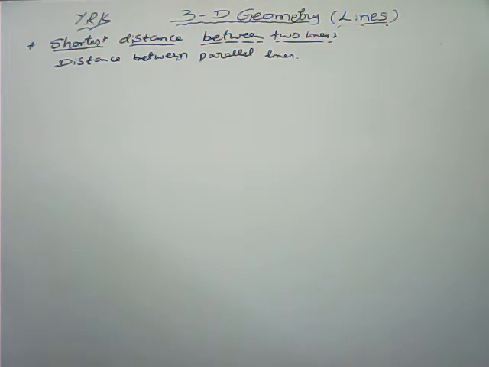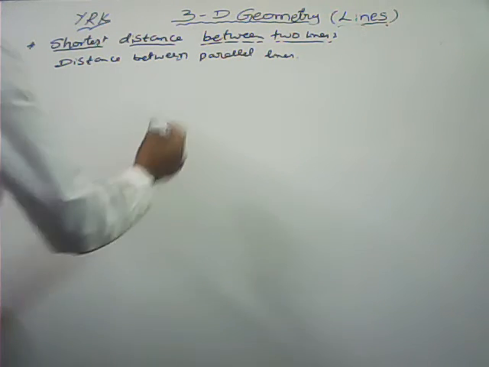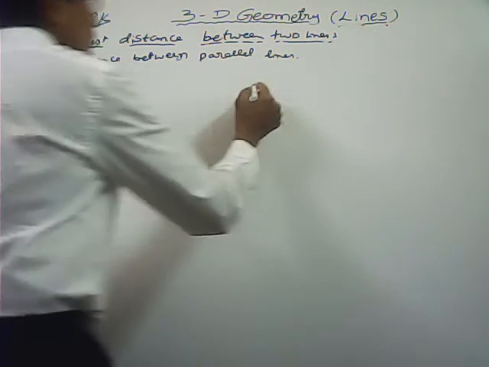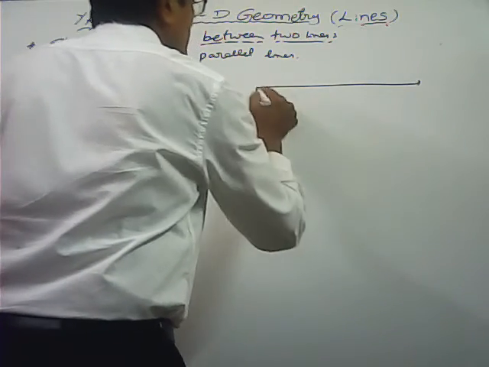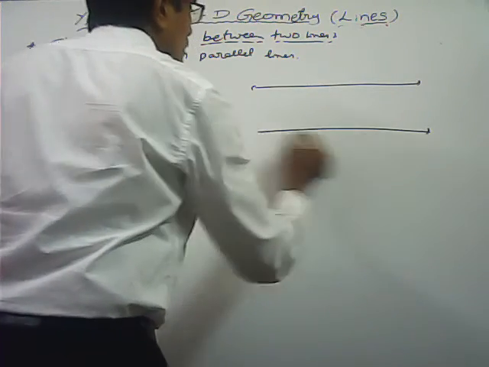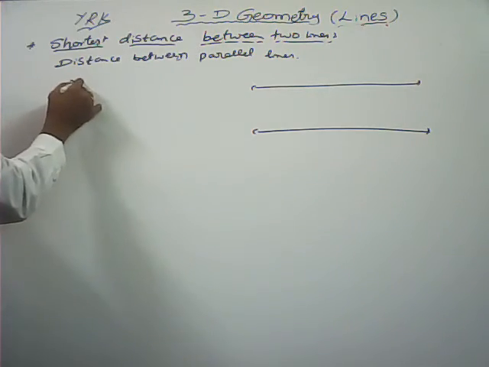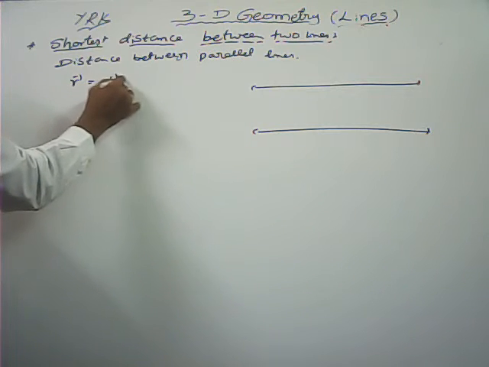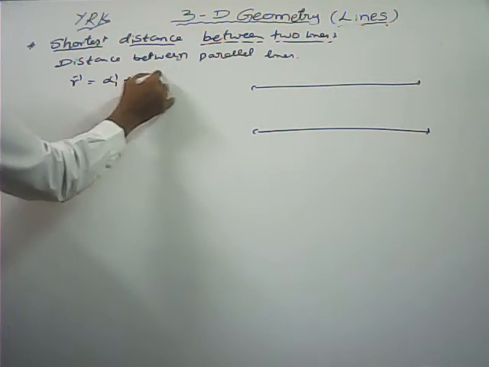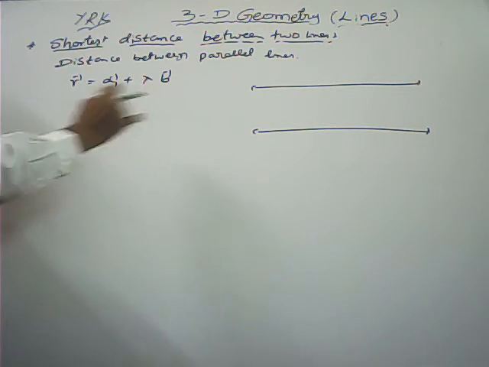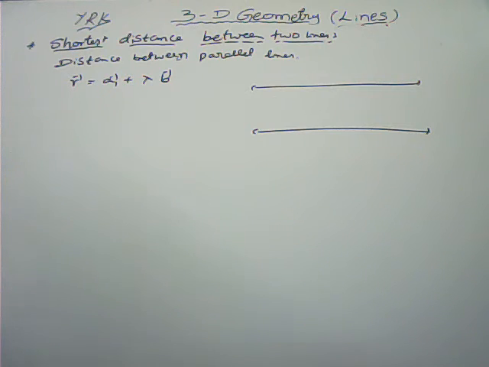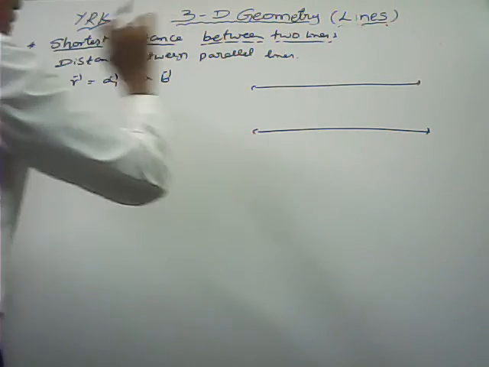Next, shortest distance between two parallel lines. Already skew lines are completed, now distance between two parallel lines. Here I am taking the equation of the first line: R bar is equal to A1 bar plus lambda B bar. Parallel lines means both the direction ratios should be the same.